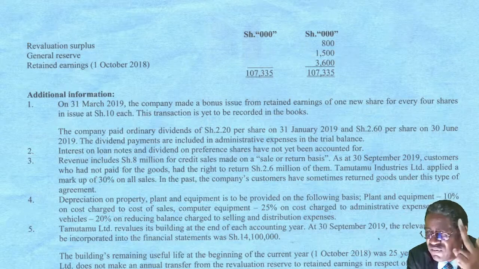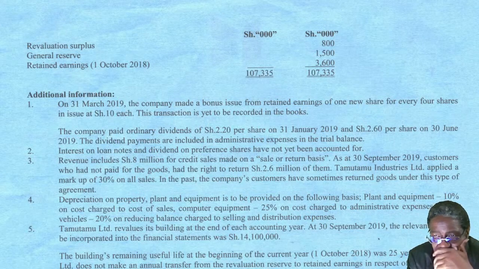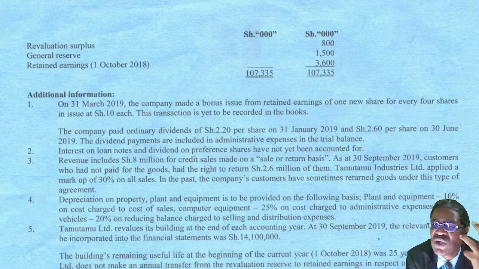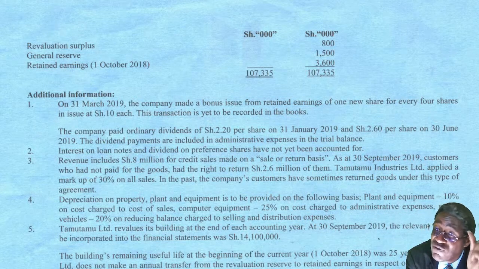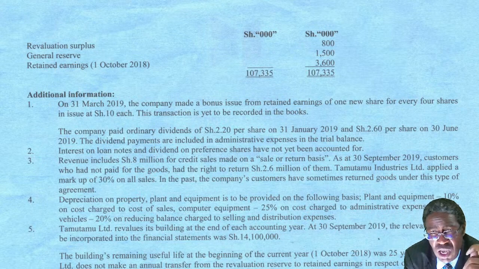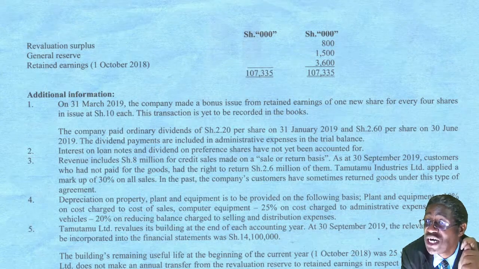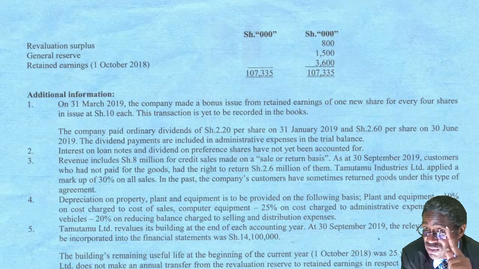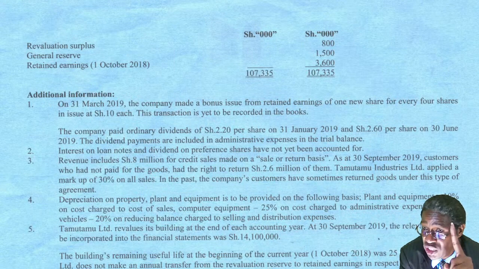The second dividend was paid on 30th of June 2019. Listen. So when I will be computing the dividends for the year, you have to ask yourself, how many shares were there in the company before January 31st? Those which were there before January 31st, I pay them at the rate of 2.2 per share. I hope you are following.